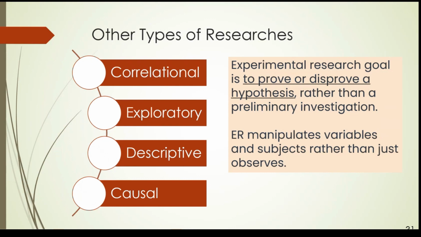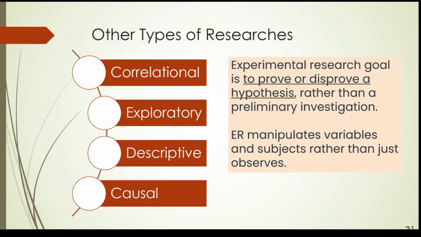You can do exploratory. That means actually it doesn't have to be in the lab. It can be observing it in nature, in the field, basic observation. It can be descriptive, by observing, by reading.